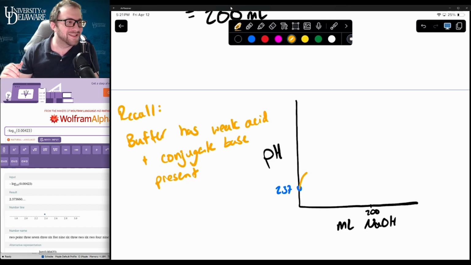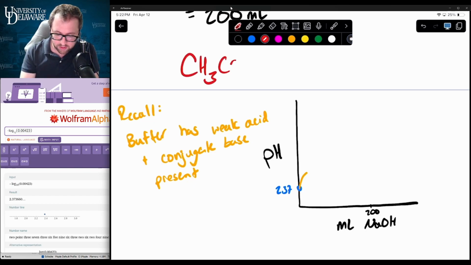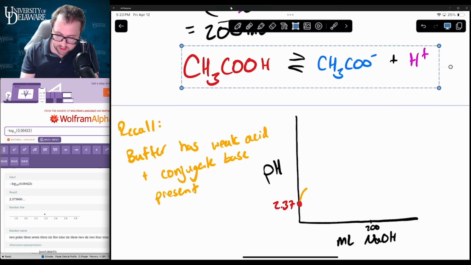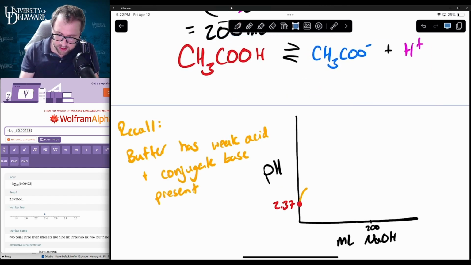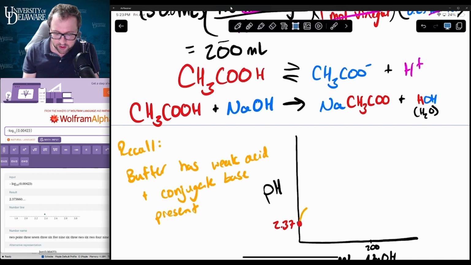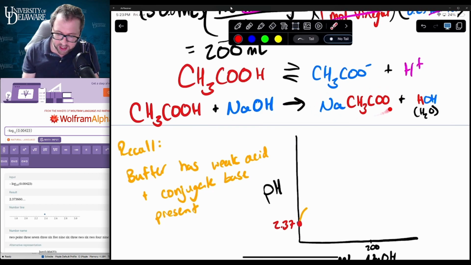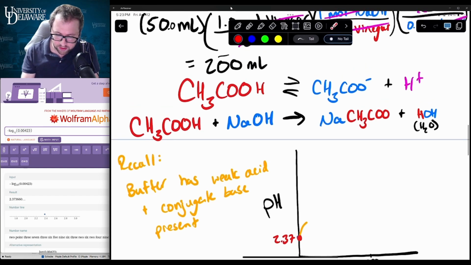Now, what's interesting is we've added hydroxide, so as we add hydroxide to vinegar, we see that conversion. Why don't we redraw our equilibria up here, and put them both here? When we add our sodium hydroxide, we're going to make CH3COO, and maybe we should color code this to match.